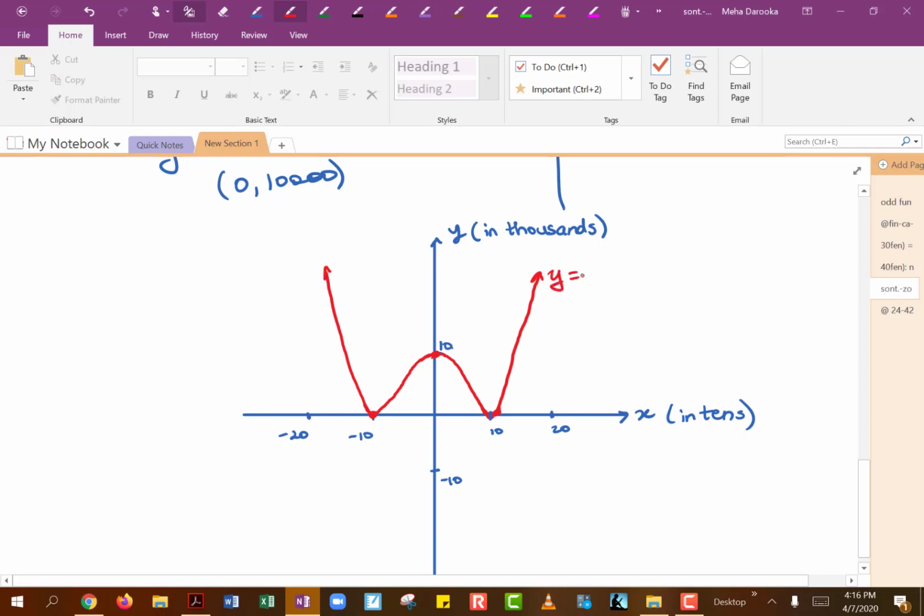Okay, so this would be our function, x to the 4th minus 200x squared plus 10,000. And the reason we're having to do these different scales, where this guy is in the tens and this guy is in the thousands, is because if we don't change our scale, we will not be able to see the entire shape of the graph. And just to show you, let me show you what happens if we had used our Desmos calculator to graph this function, okay?